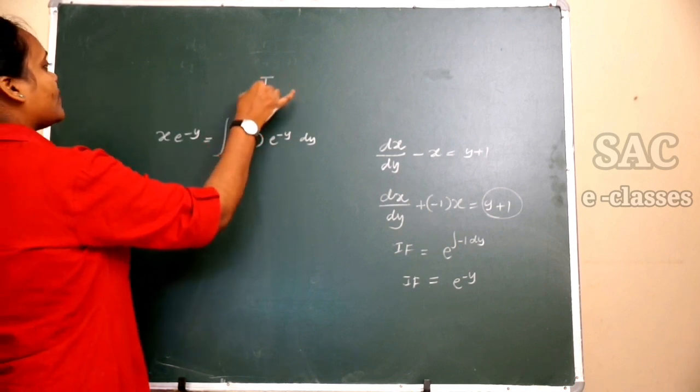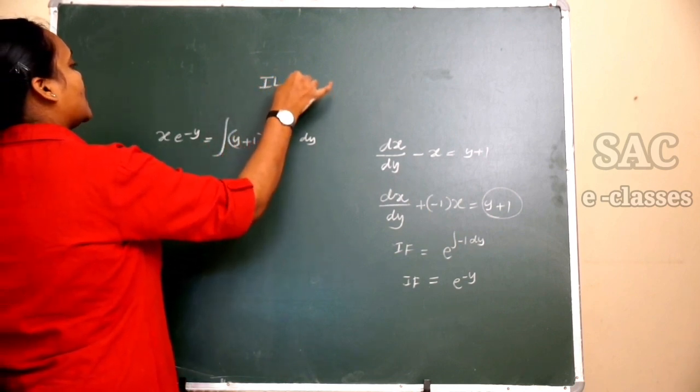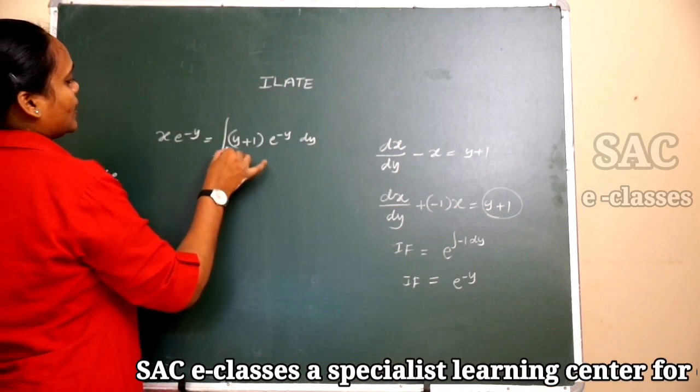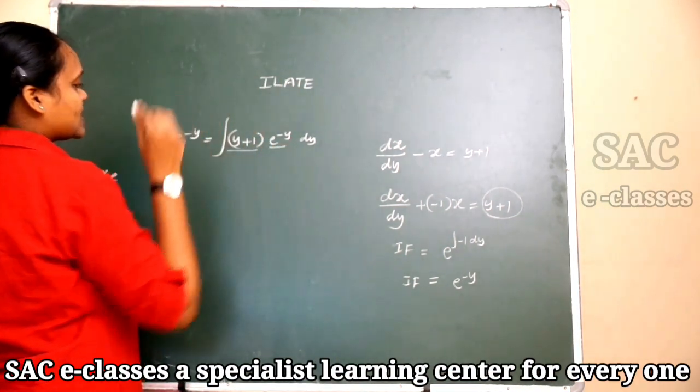with respect to y, using integration by parts. Which should I take as the first function and the second function?